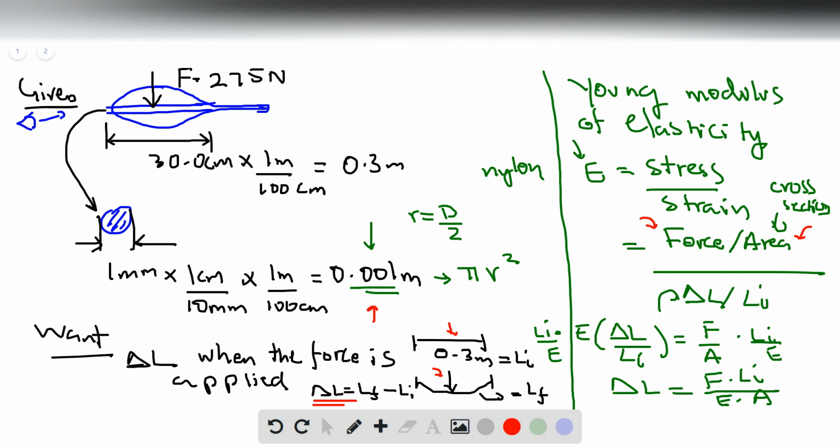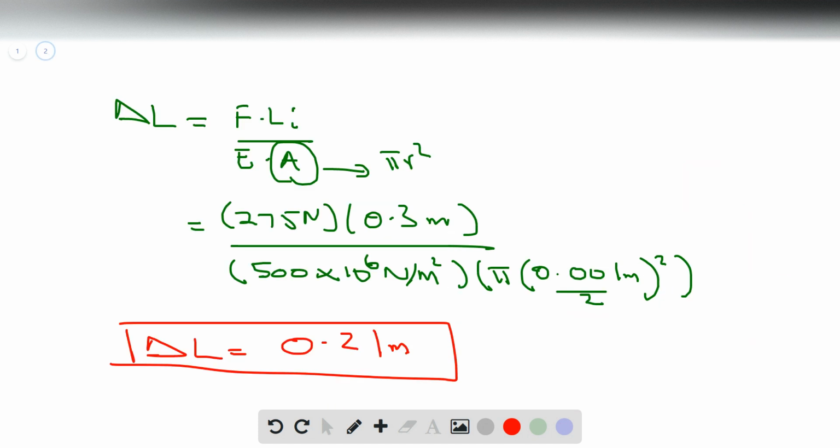So we have the force, we have the area, and we have the original length, and we also have Young's modulus of elasticity. We reorganize the problem to solve for the change in length delta L, and as you can see in the next page, we plug in the numbers, just to recall that the radius is half the diameter. So this radius right here is half the diameter, and then we end up getting the change in length of 0.21 meters.